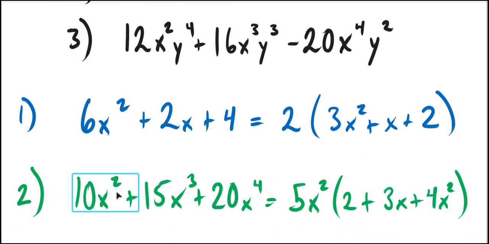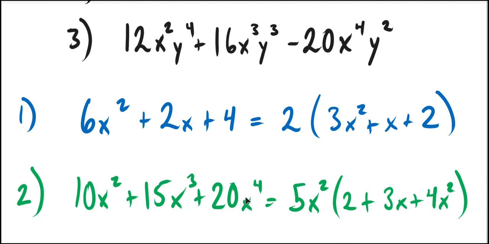Here I've got 10x squared plus 15x cubed plus 20x to the fourth. The biggest number I can divide from each number is 5. The biggest power of x I can divide from each x to some power is x squared. That's the smallest one. So I write that up front, and then the rest of these terms I'm going to divide by our greatest common factor.